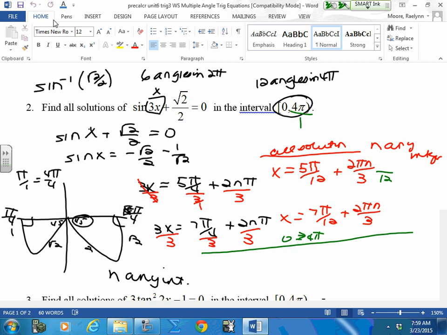And what do I get on top? 8 pi. Convert this guy to 12. 8 pi. Convert this guy to 12. Yep, same as the last one. 48. That's my cutoff. That tells me where I'm going to stop.